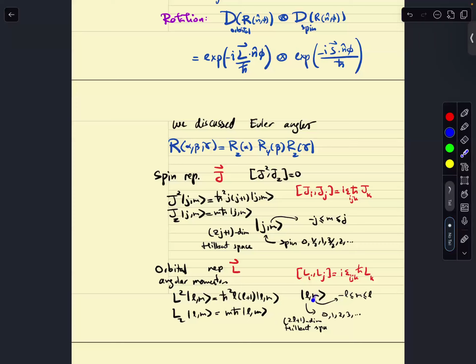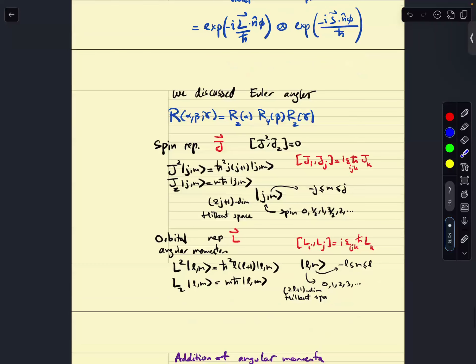The only difference is that M runs from minus L to L, same as before, but L cannot take half integer values. The reason was that the spatial part of the wave function has to be single valued under rotation by 2 pi. Good.